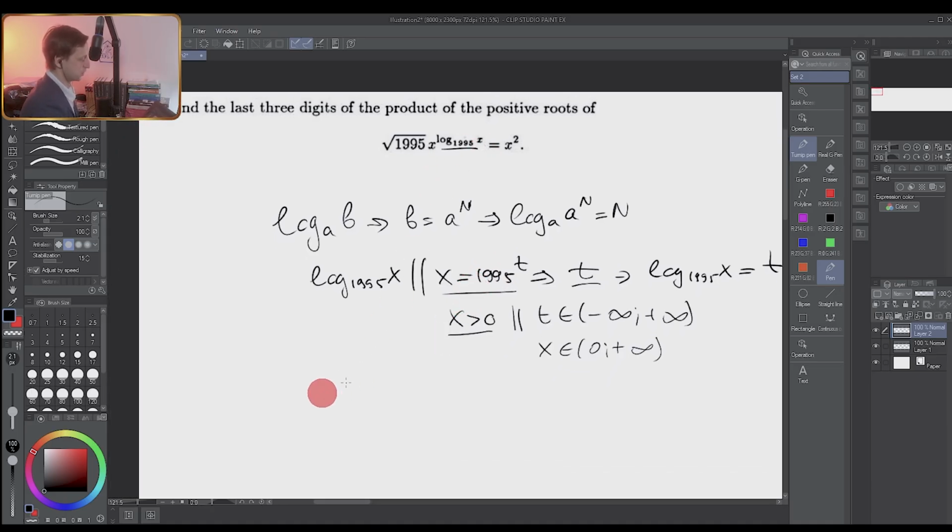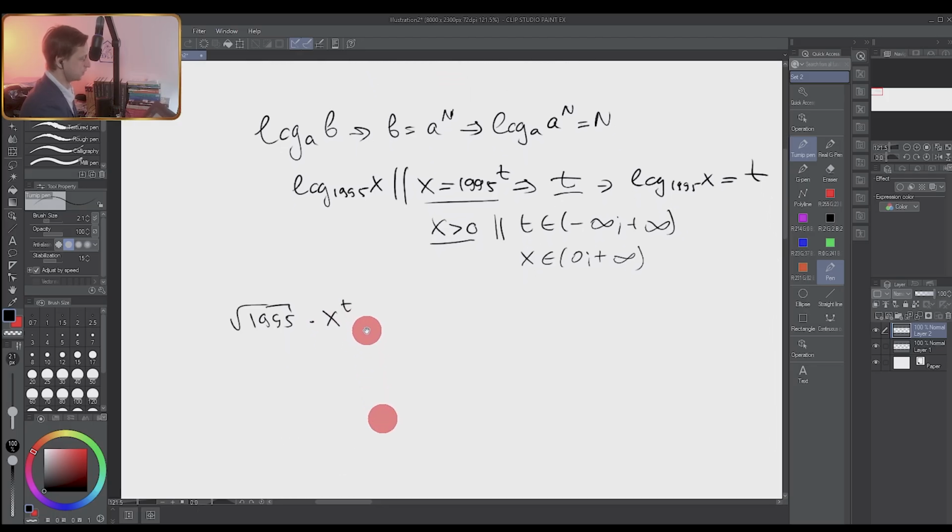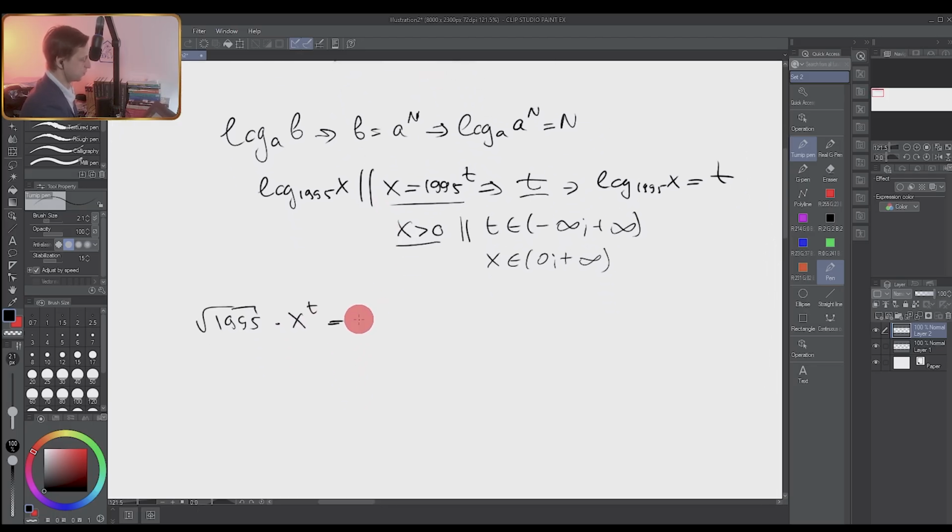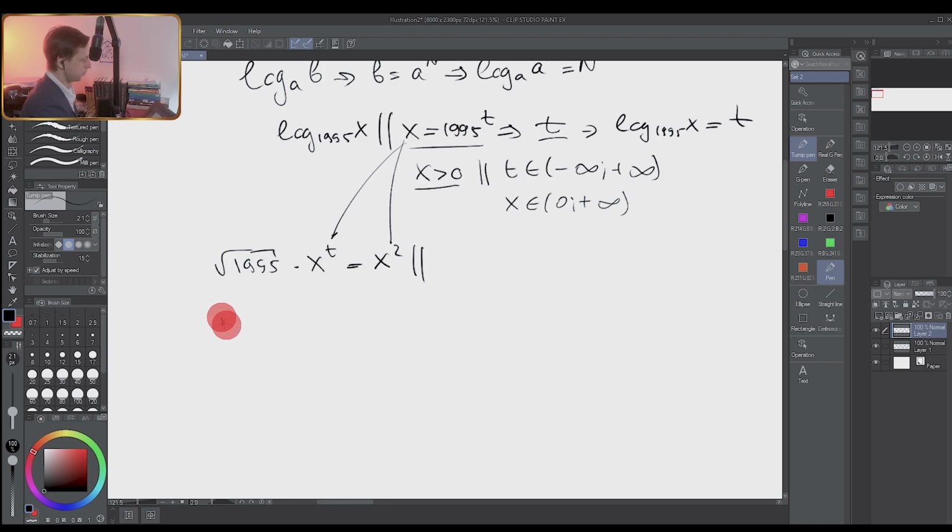Okay, so in this case, let's solve this one, 1995 square root. Instead of this power, you will have t times x to the power of t equals x squared, and x squared we will leave like this. Finally, instead of x we will substitute this value: square root of 1995 times 1995 to the power of t, and again to the power of t, equals 1995 to the power of t squared.